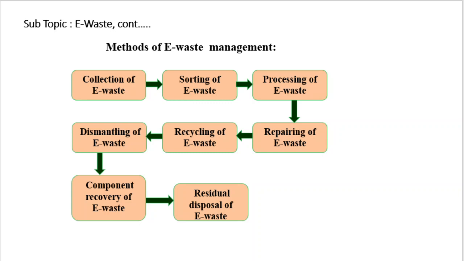Another one is a collection system. That is the methods of e-waste management. In the collection system, we have to collect only those parts that are beyond repairing or recycling. If possible, we can repair and recycle at the origin steps. Another one is logistics and other services.